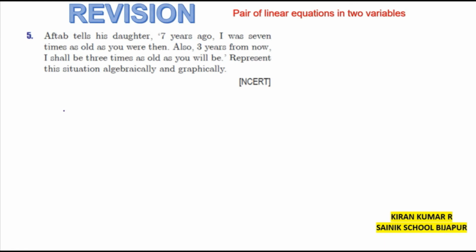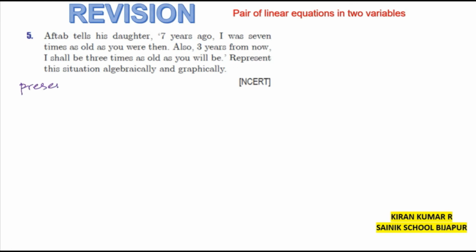Aftab tells his daughter, 7 years ago I was 7 times as old as you then. So let me consider the present age of Aftab to be x years and the age of daughter as y years. 7 years ago, Aftab's age will be x minus 7 if you consider the present age.